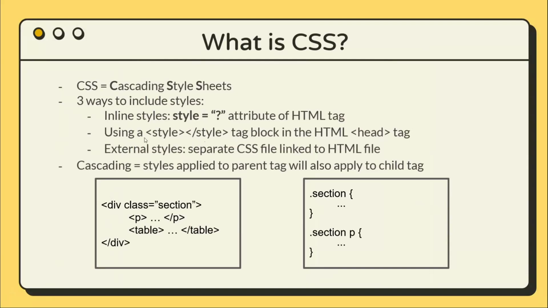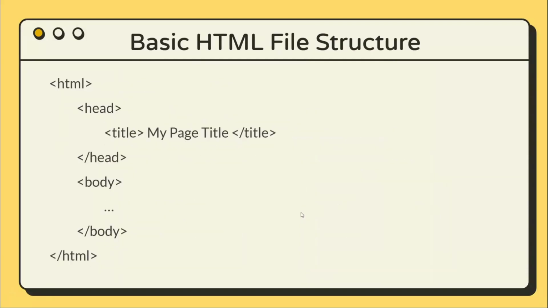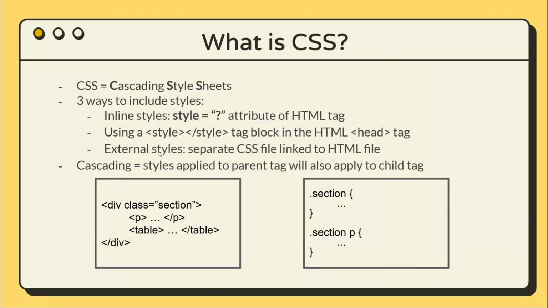You can also use a style tag block in the heading section of the HTML page. So right up here, you would include a nested style block, and you can include your CSS code in that. Or for best practice, you should have an external style sheet.